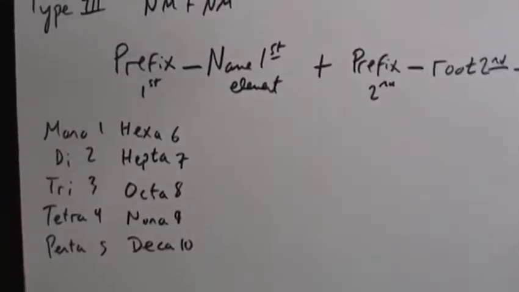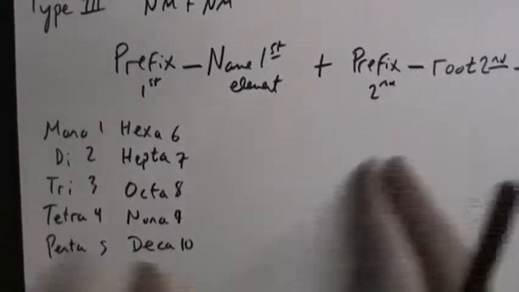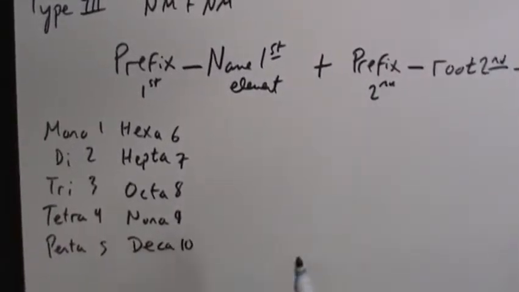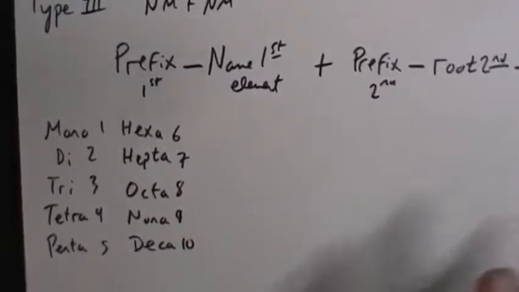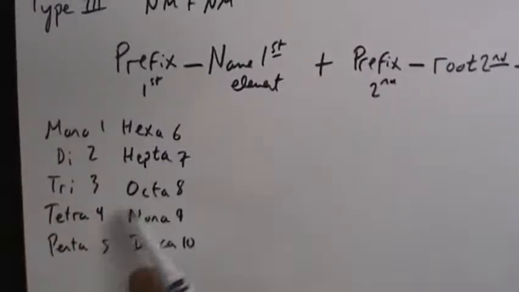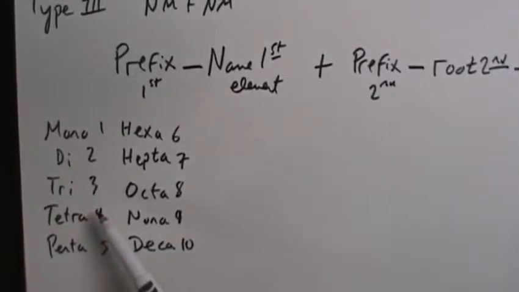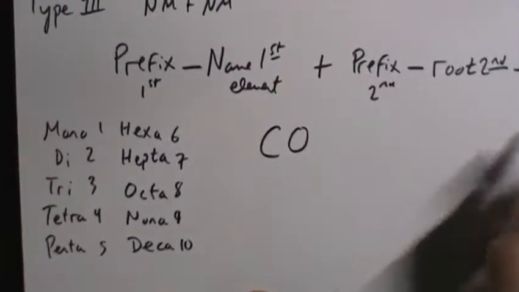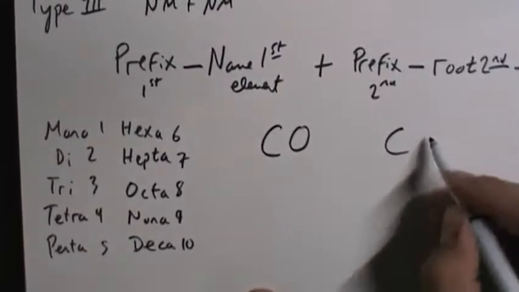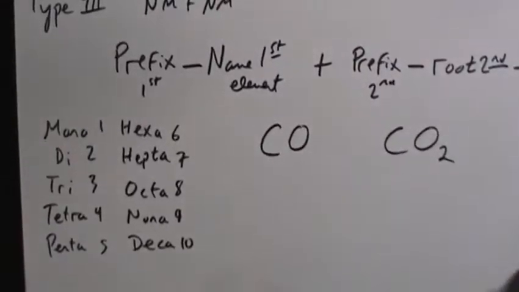Unlike the ionic compounds, where we're doing a little bit of crisscrossing and math to figure out least common multiples, greatest common factors, doing all sorts of things there, these prefixes literally tell us subscripts. So, for example, carbon and oxygen can combine in multiple proportions, CO or CO2.